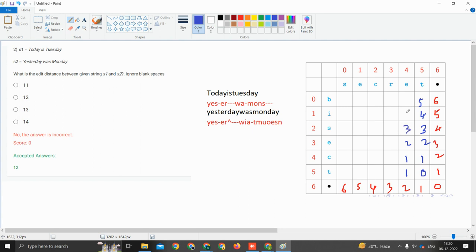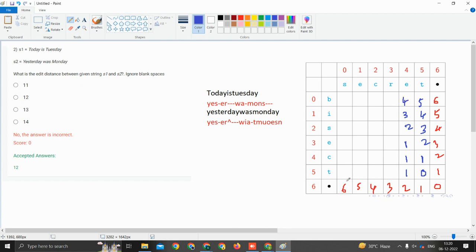Now this is going to be 2, this is 3, and this is going to be 1. E matches here, so we put the diagonal element, 1. Then S and E don't match, so we take the minimum plus 1. I doesn't match: 3, 3 and 4.